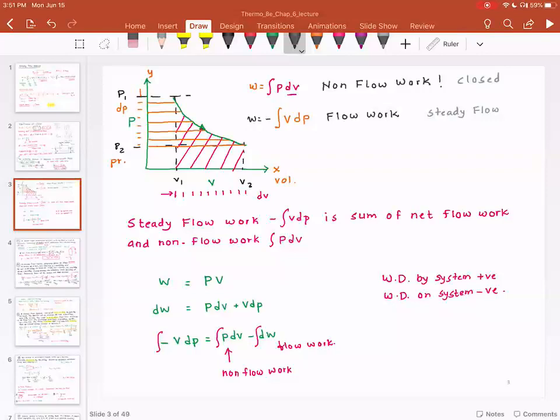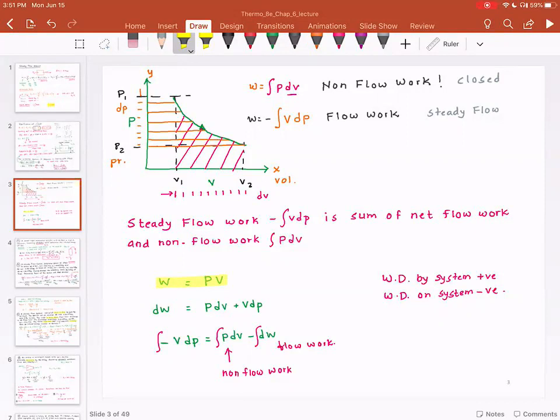Again, this is a quiz, so I cannot openly give you an answer to the question, but I will try to put you in the right direction. The question is, what is the difference between PV work and integral PDV work? Check this out. The equation for work: W is equal to PV, which is called the flow work.